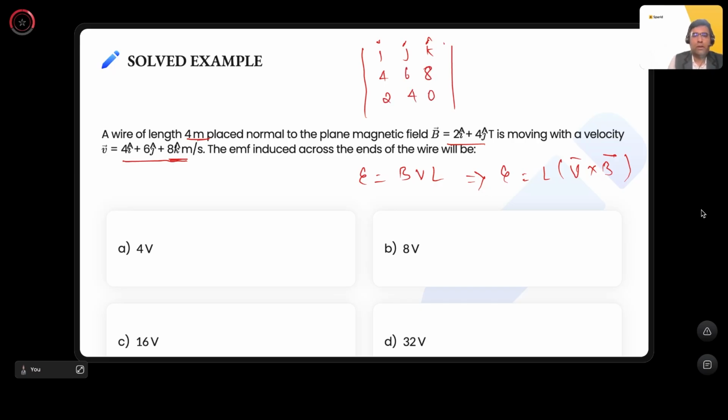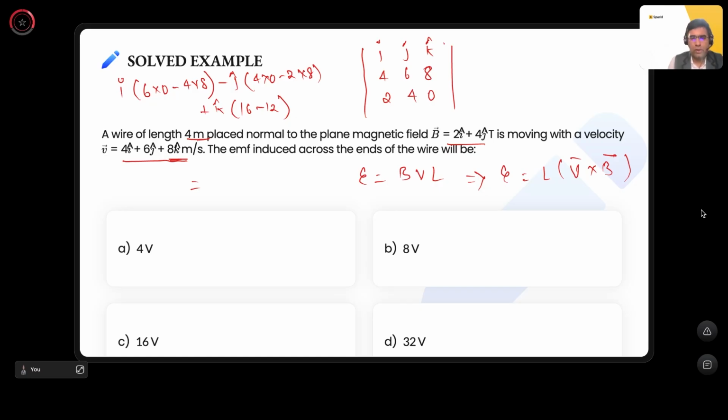Now i cap into 6 into 0 minus 4 into 8, minus j cap into 4 into 0 minus 2 into 8, plus k cap into 4 into 4, 16, minus 2 into 6, 12.